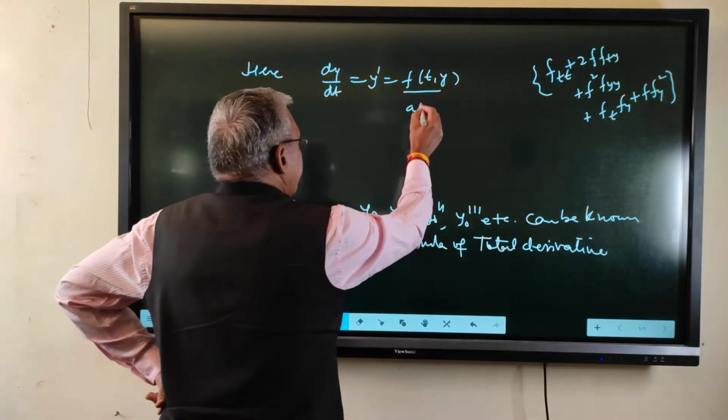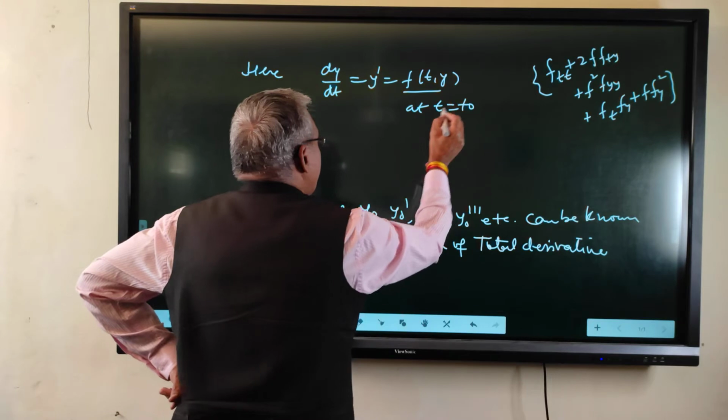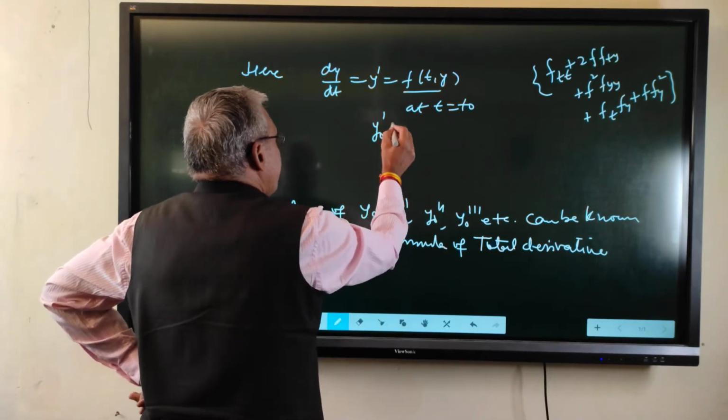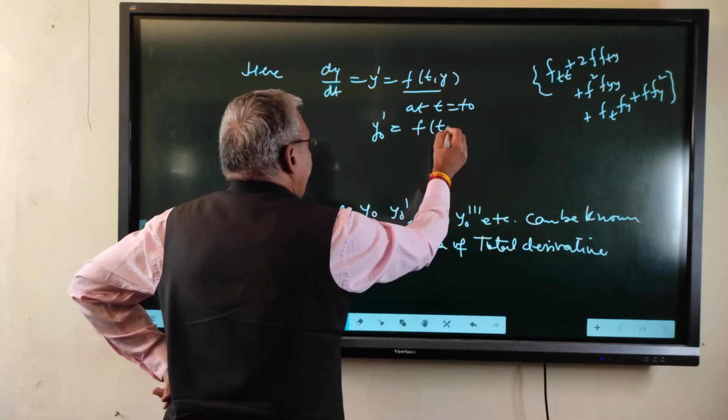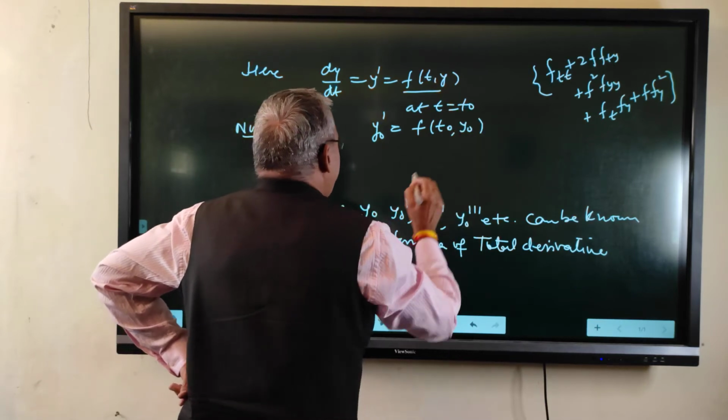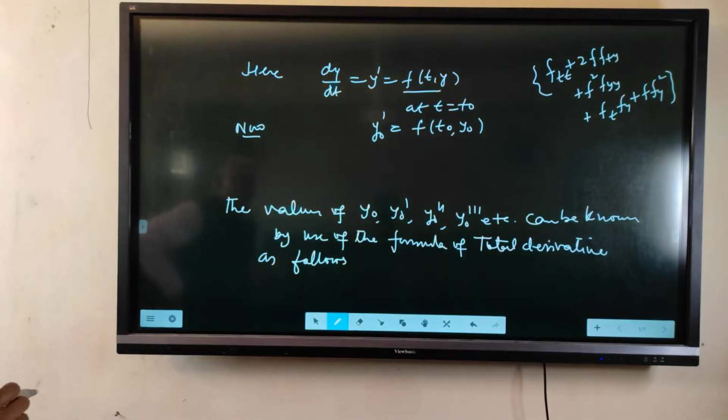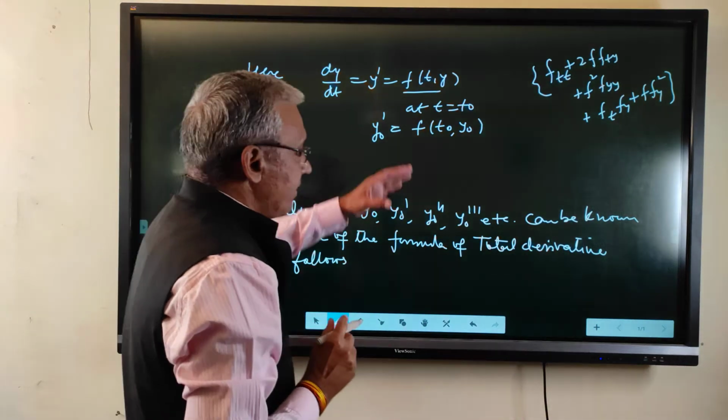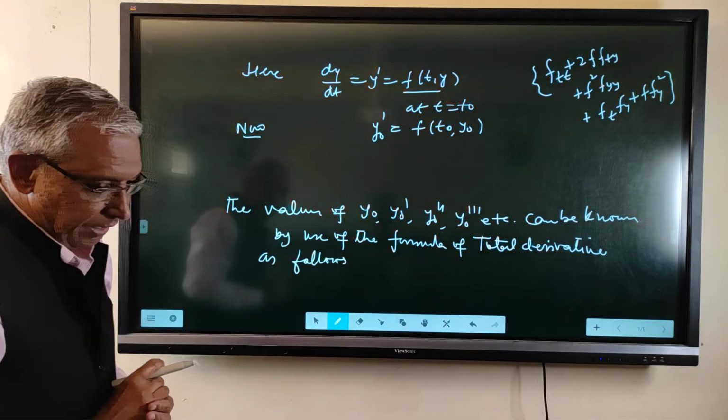At t = t0, this can be written as y0' = f(t0, y0). To calculate y0'', we are differentiating f.